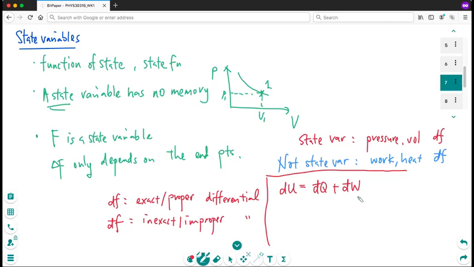I need to know the entire path. Therefore, one of the goals of thermodynamics is to try to rewrite the first law in terms of exact differentials. We don't like d bar q; we want to turn it into an exact differential. We don't really like d bar w either; we like to turn it into an exact differential.